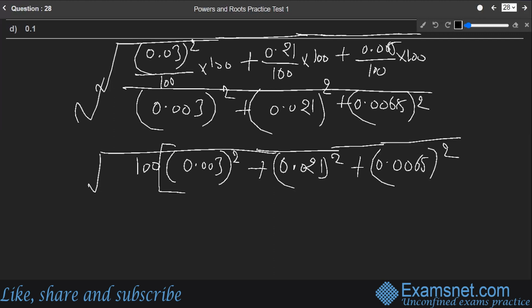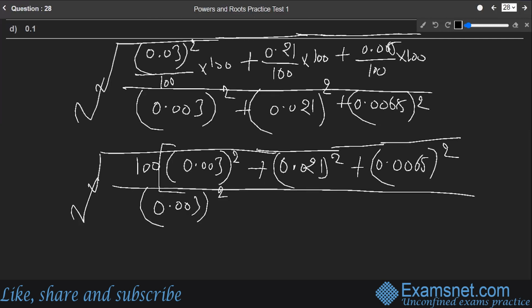This will ultimately become, those all hundreds have gone inside and increased the power. Then the root is bigger, divided by the same 0.003 whole square plus 0.021 whole square plus at the very last 0.0065 whole square.